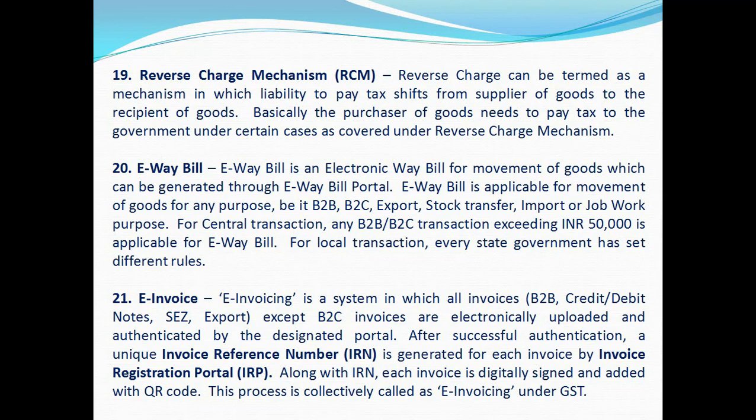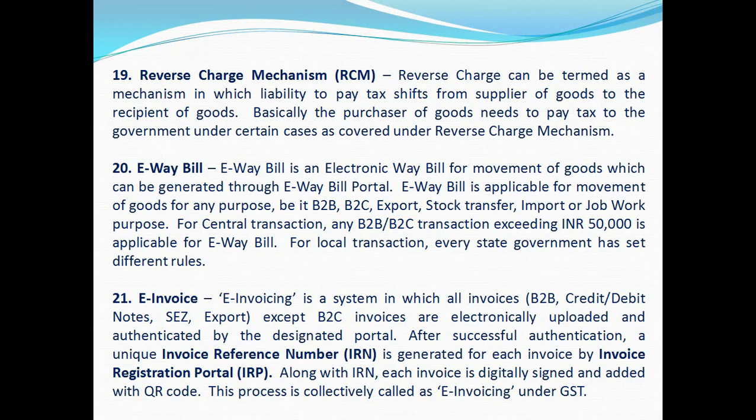But in case of local transactions, every state government has set its own different rules. So for local transactions, there are different rules in different states. But for central transactions, if any B2B, B2C transaction is exceeding INR 50,000, then it is eligible for e-way bill. Again, we have a full-fledged chapter on e-way bill in this series where we will discuss it in detail.